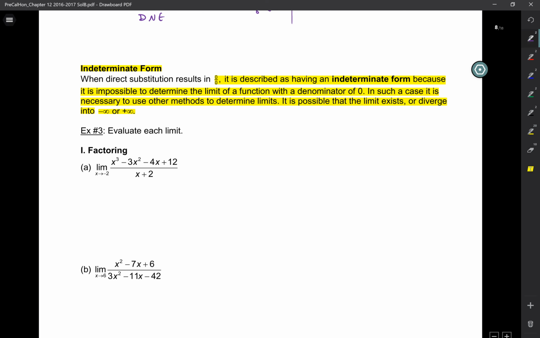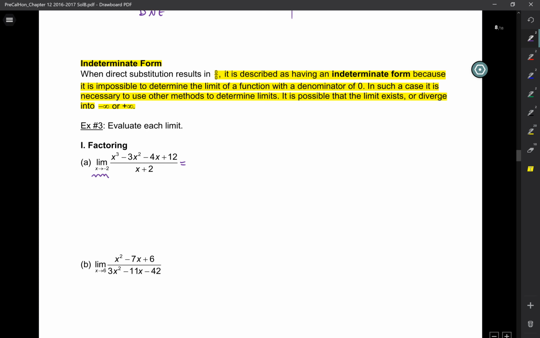So what we have to do is solve this by factoring. Now, a few forms of etiquette. When you want to simplify an expression algebraically, at each step you have to carry along this limit. So this is going to be the limit as x approaches -2 of whatever is simplified here.